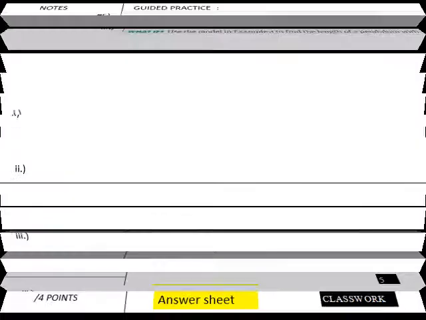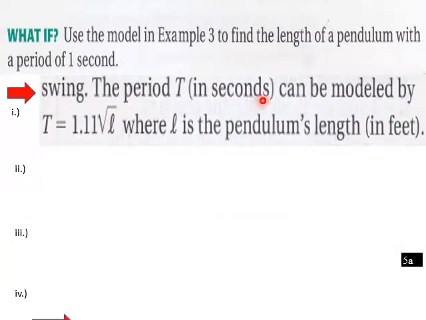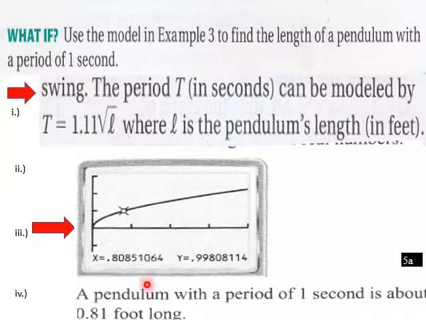Page 5 on your sheet. Let's get into our guided practice here. So here is our curve again for that, a pendulum with a period of 1 second. The period is on our y-axis, and the length of our pendulum is on the x-axis.